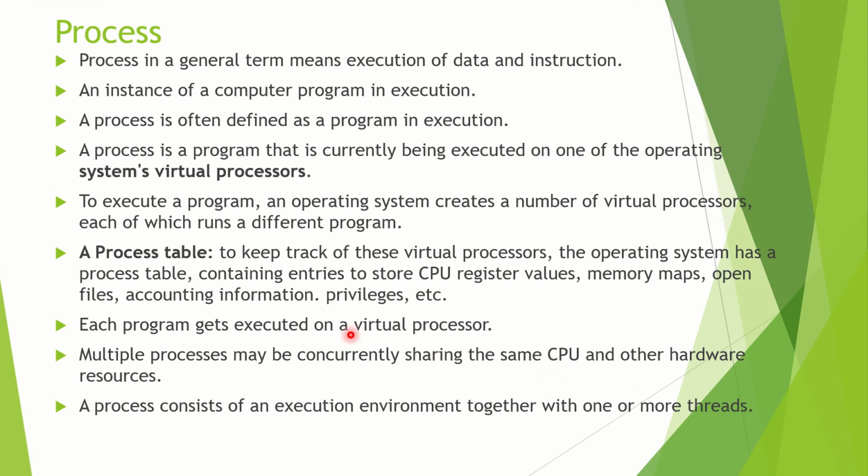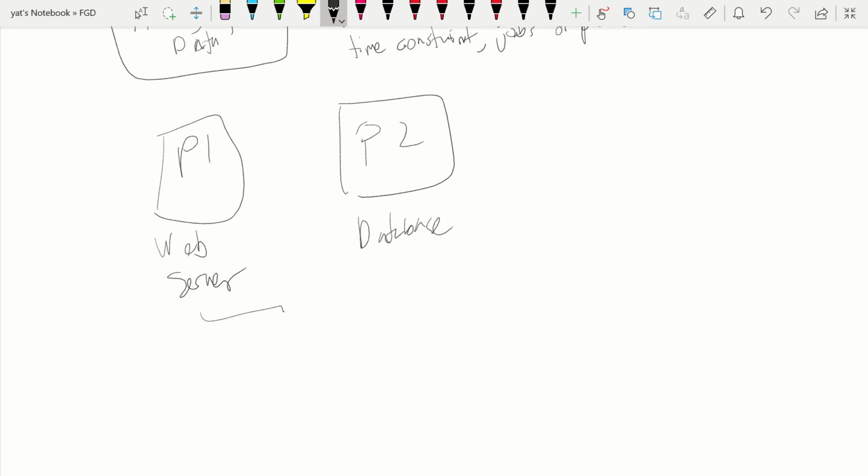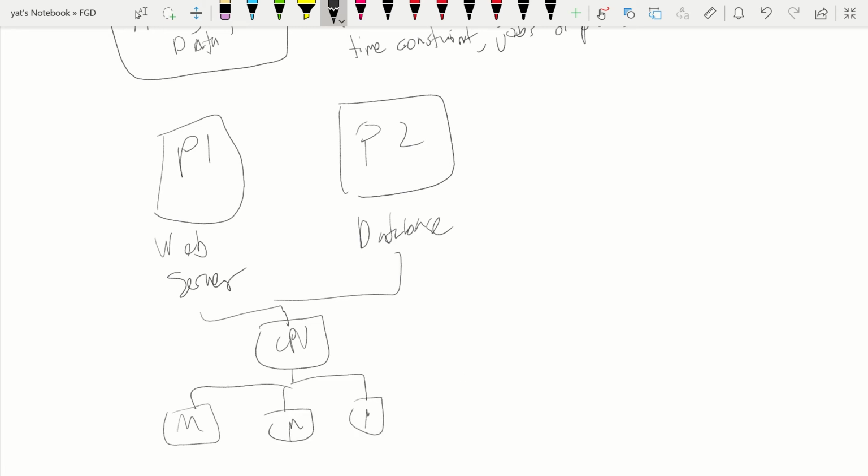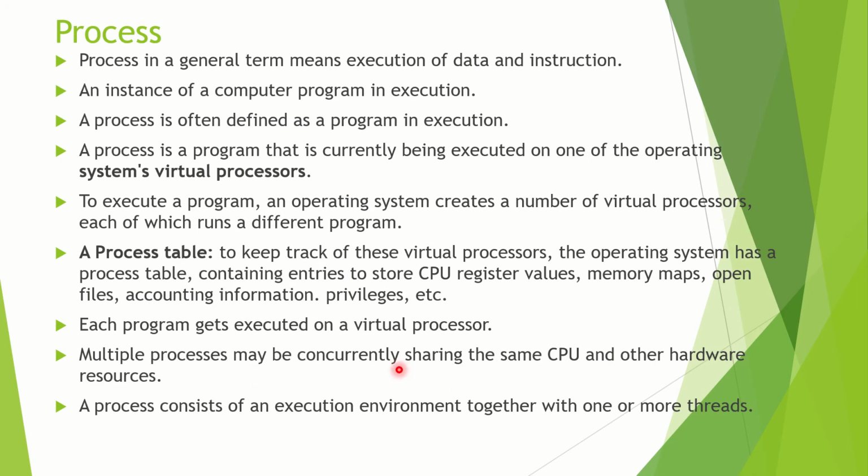They share the same CPU and also memory and so on. They can also have multiple CPUs, such as in parallel programming, where you want to do it in a parallel process. A process consists of an execution environment together with one or more threads. Threads, we will learn after this. What are threads?